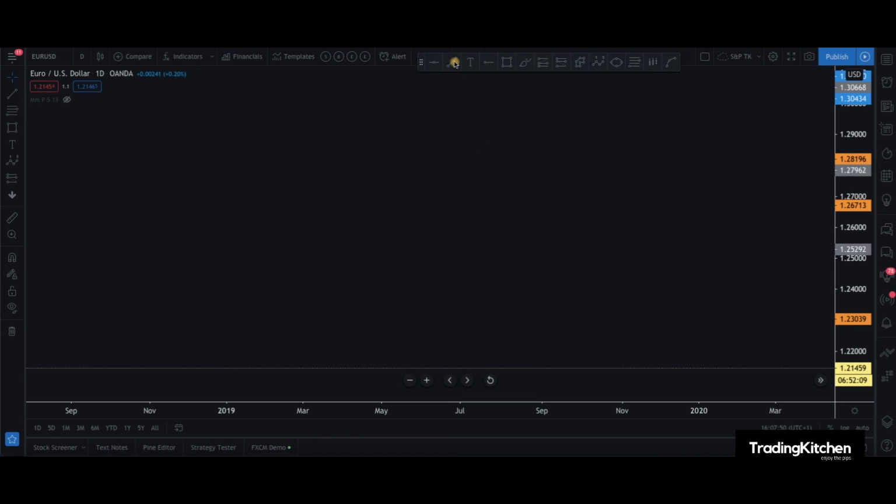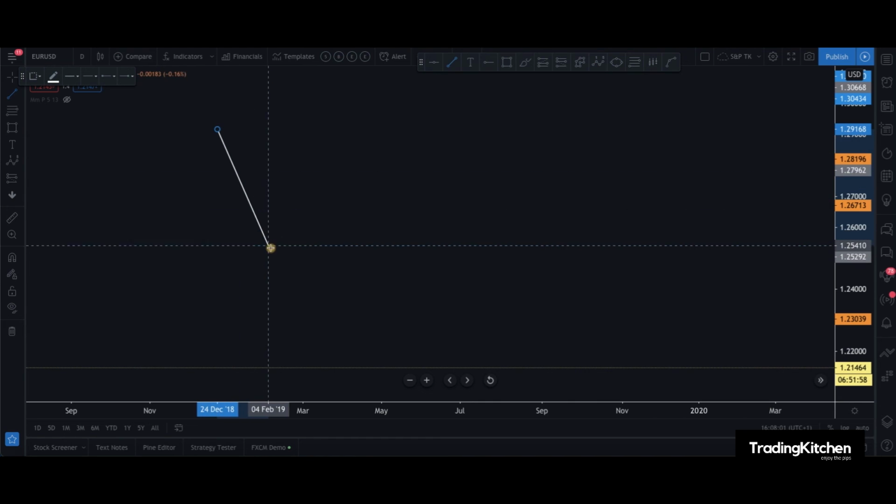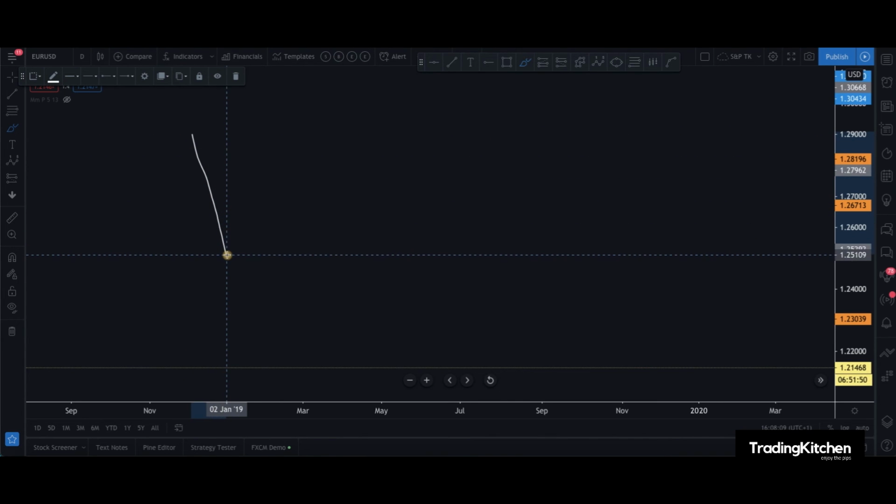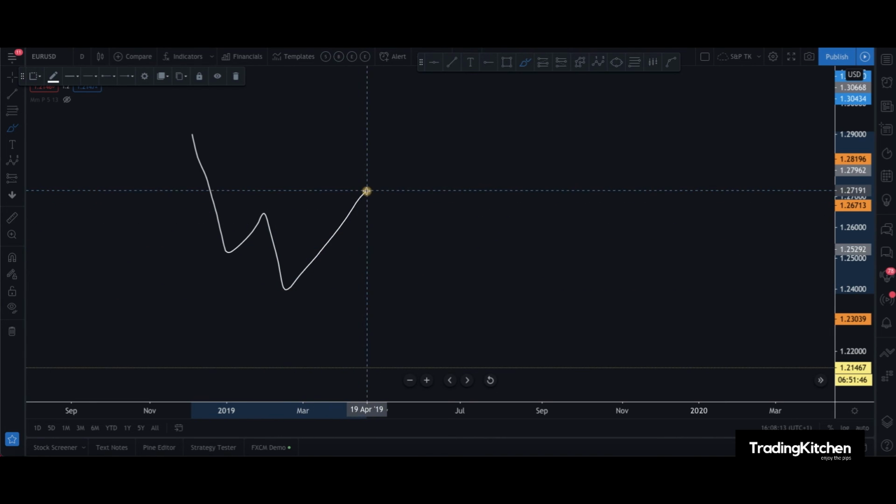I just want to show you another example that is quite often visible. If we have an impulse, sometimes the market makes this kind of movement.